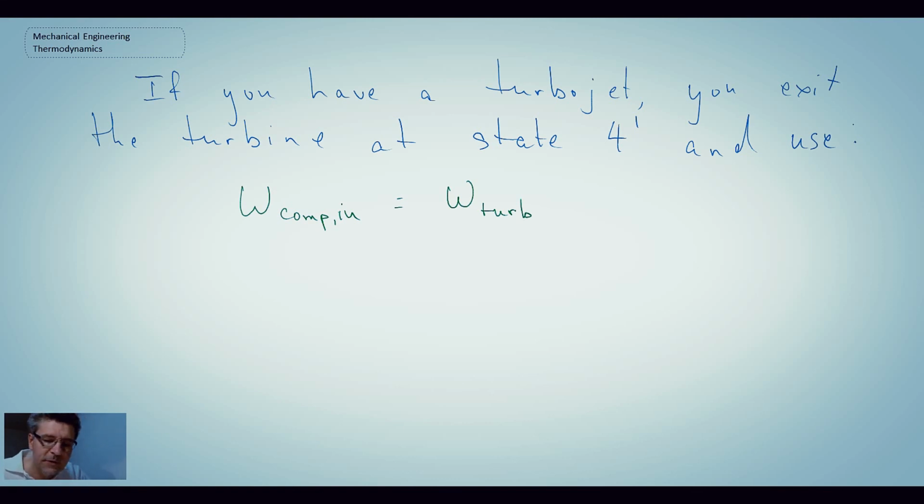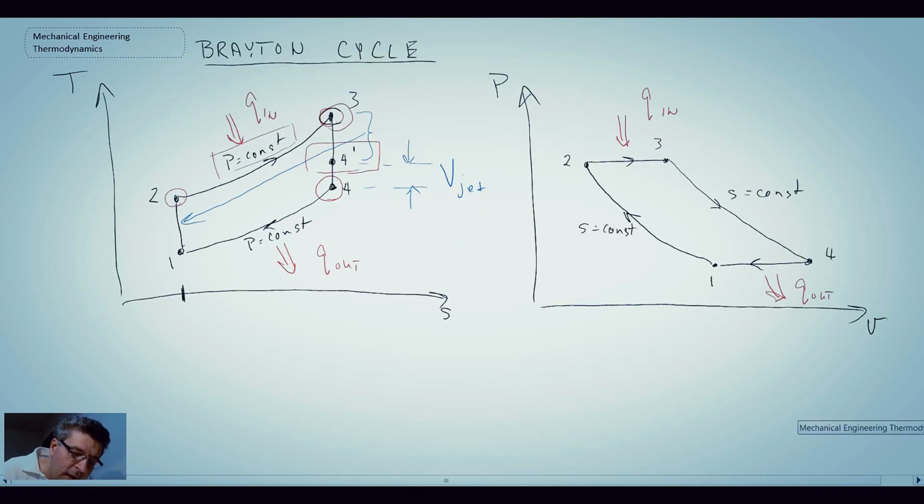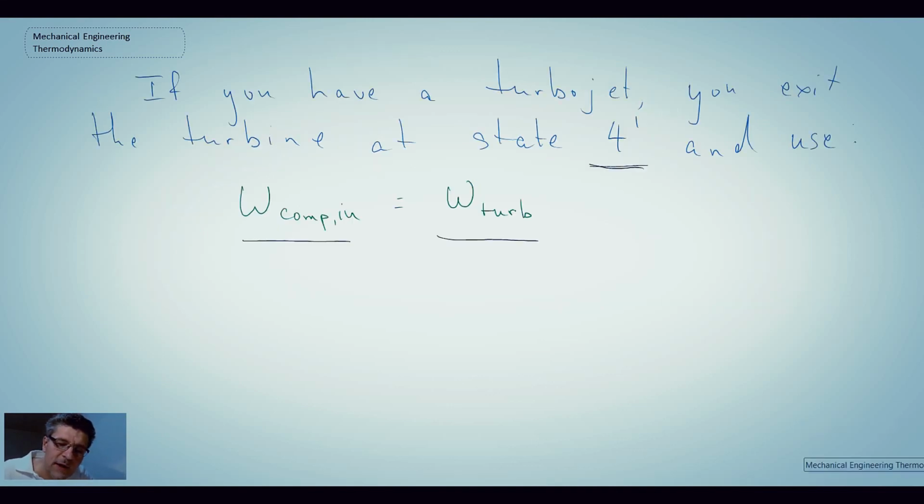You're saying the work of the compressor in is equal to the work coming out of the turbine. And then going from state 4 prime down to, let's see, what did we have here? State 4, that is what is used to accelerate the fluid through the nozzle of your jet engine.